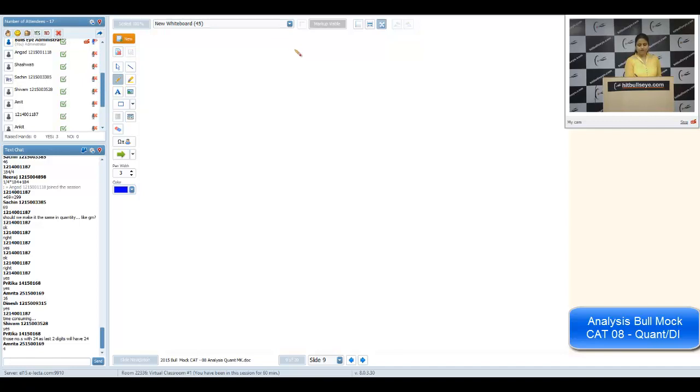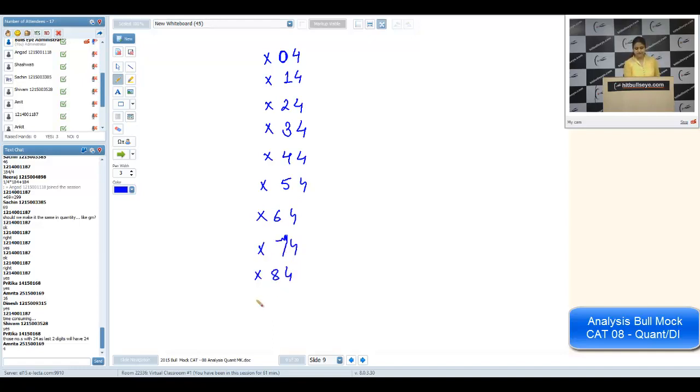Now we have taken 4 as my unit place. That is the only possibility I'm getting. So what are the possibilities for the tens place? It can be 04, it can be 14, it can be 24, 34, 44, 54, 64, 74, 84 and 94.